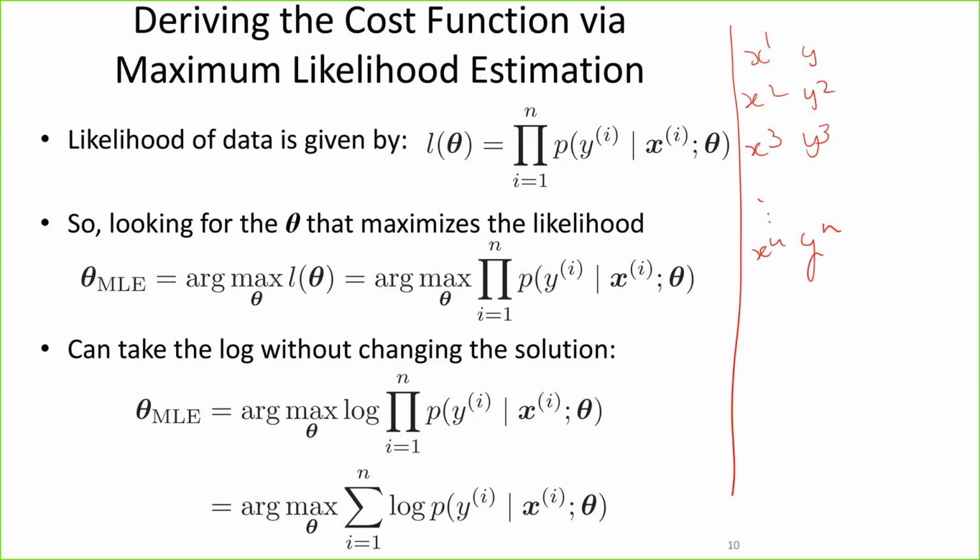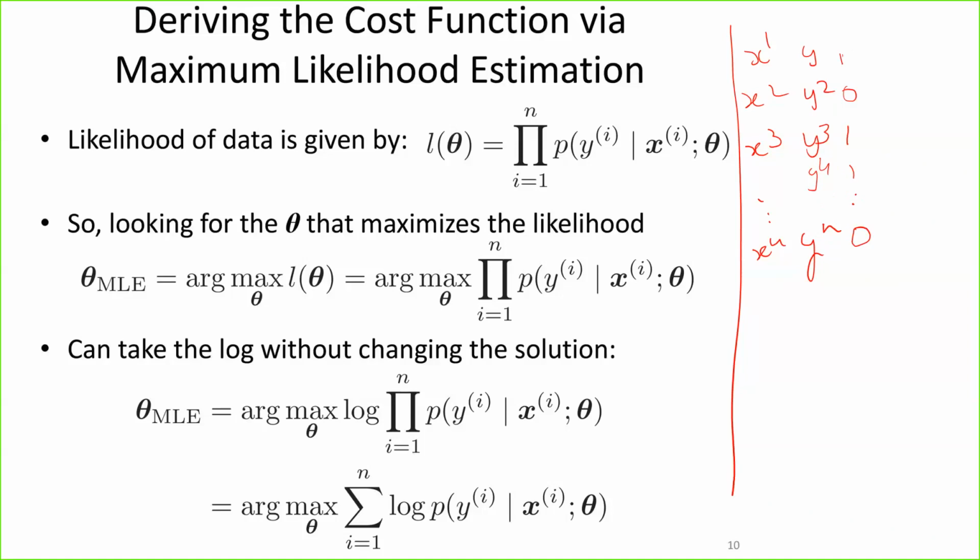Each yi can be either 0 or 1. Let's say y1 equals 1, y2 equals 0, y3 equals 1, y4 equals 1, and so on, yn equals 0.